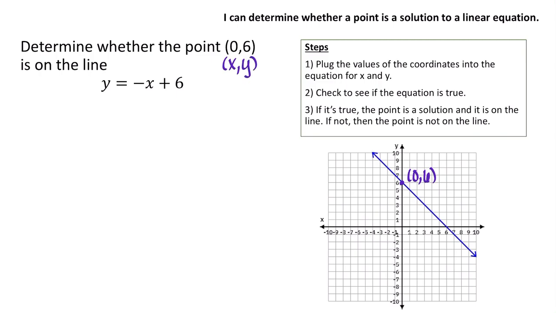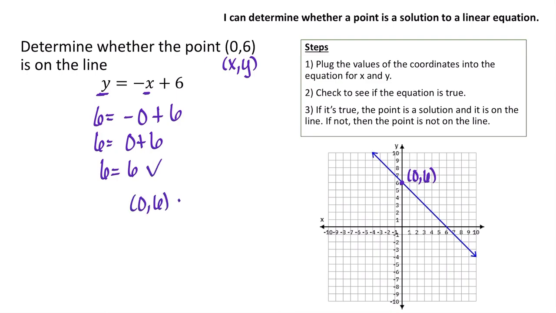To check whether this makes the equation true, we're going to plug this x and y value into the equation. So we're going to check whether 6 = -0 + 6. So 6 = 0 + 6, which tells us that 6 = 6, which is true. That means that (0, 6) is on the line.